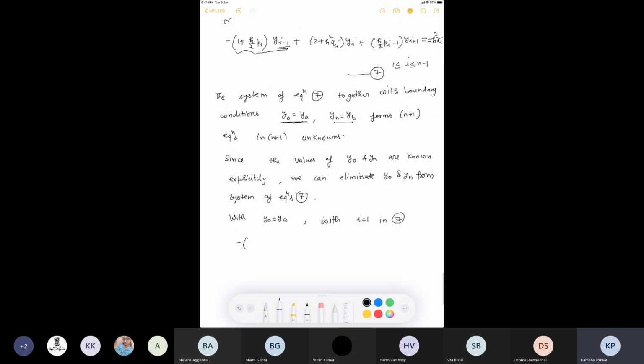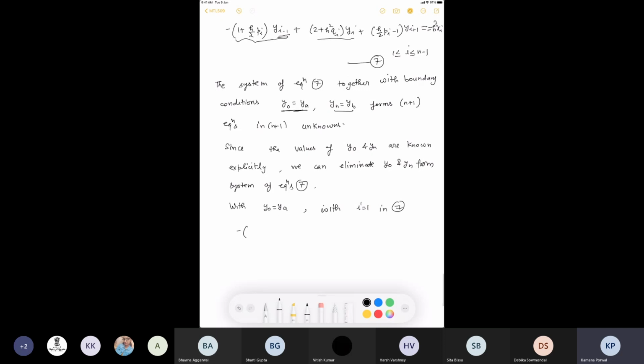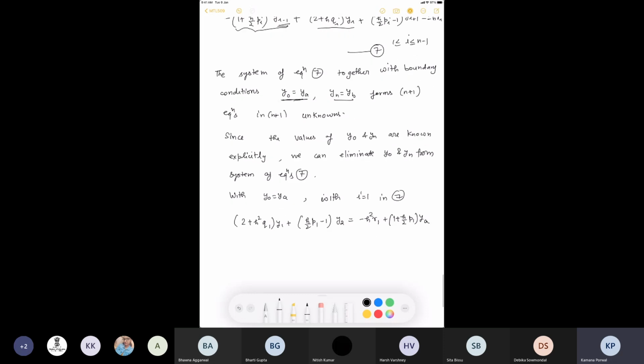The remaining terms will be y1 and y2. So I will have 2 plus h square q1 times y1 plus h by 2 p1 minus 1 times y2 equals minus h square r1, and this term goes to the right hand side, so I will have plus 1 plus h by 2 p1 times y0, and y0 is ya. All right, so let's call this 8.